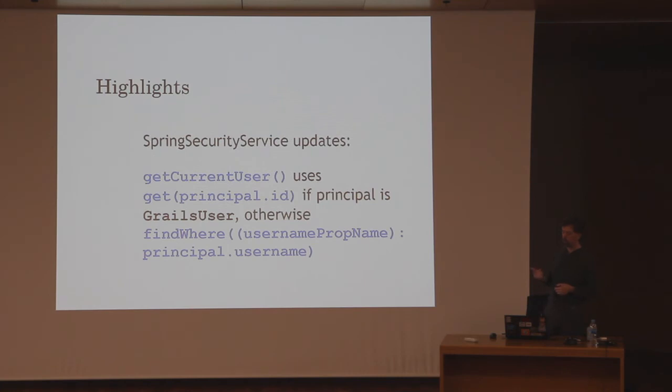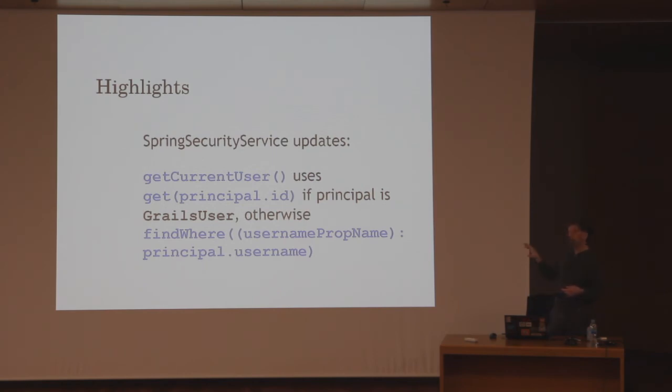And what I do there is I cache the ID of the domain object that was loaded to populate the username, the password, and the roles and all that stuff. And then to reload that user instance back from the database, I can just call get. It's very efficient, right? Because get by ID is very intelligently cached by Hibernate, and you're working with the primary key, so it's going to be fast. There's an index on the primary key.